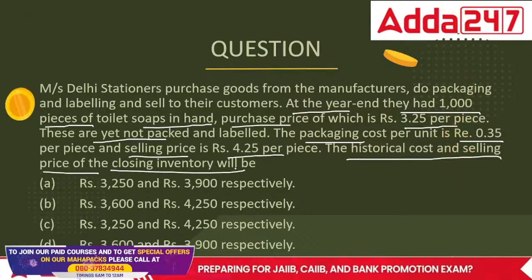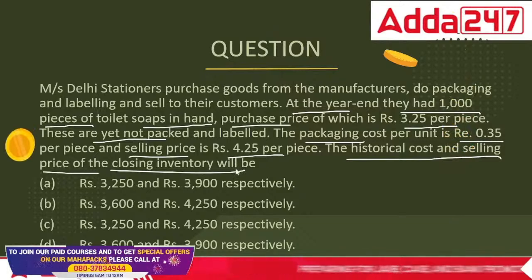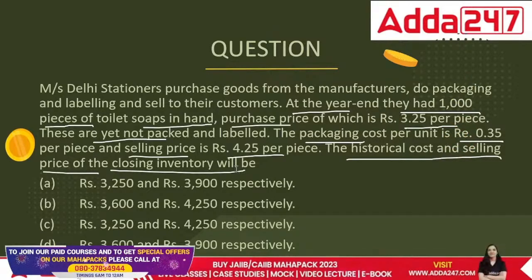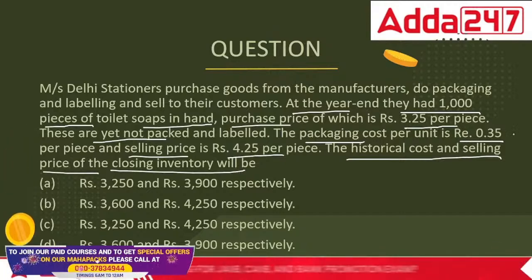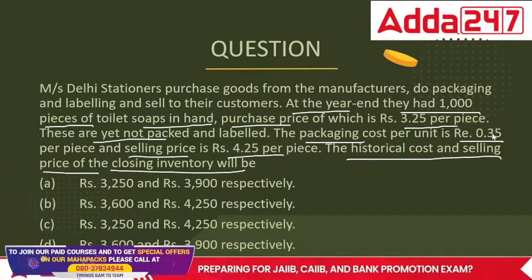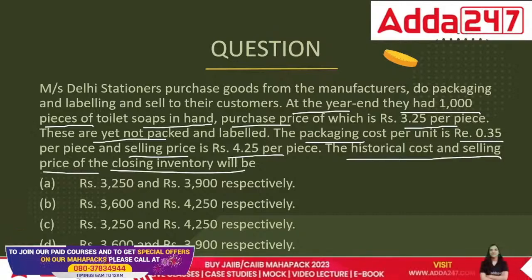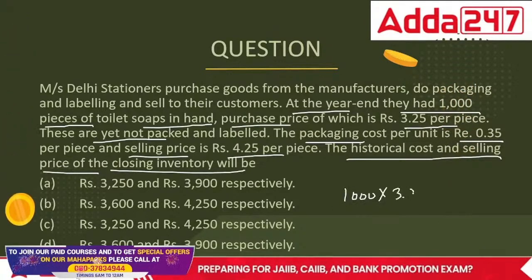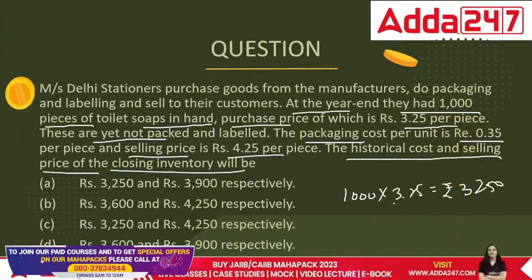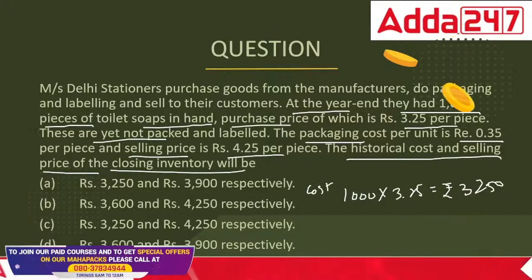See, if we look at the price there, this is the point where they are testing us. The cost is what? We haven't spent this 0.35 yet, isn't it? So in this case, I would have spent 1,000 multiplied by 3.25, that is rupees 3,250. This is my cost till date, as the packaging is not done yet.